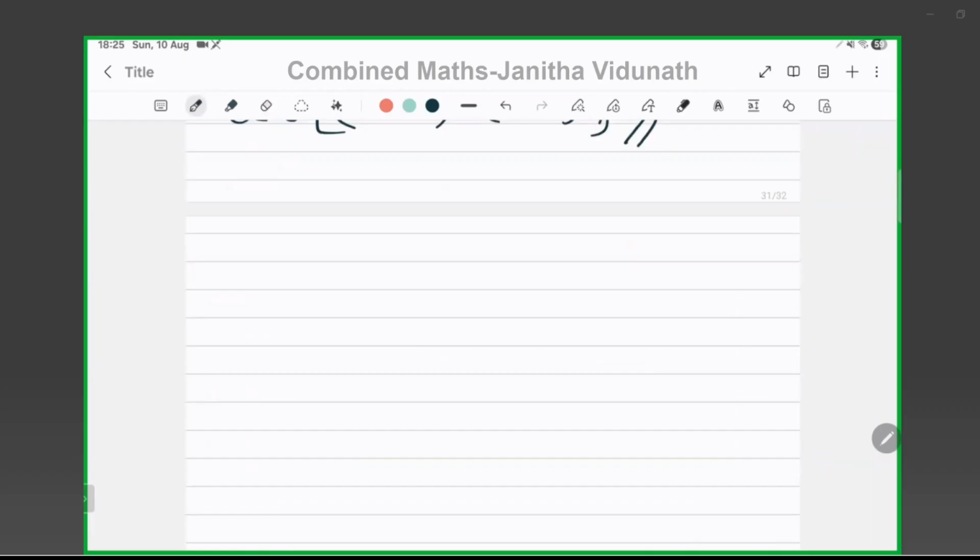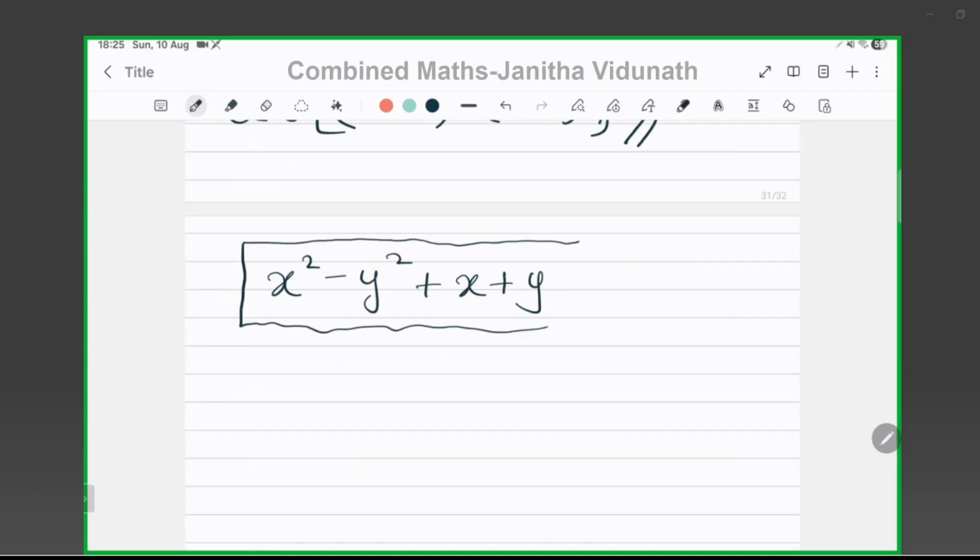Now I will do some example for you. Think x square minus y square plus x plus y. Now we need to factorize by using our knowledge about common factoring, difference of squares, factoring quadratic trinomials or any other methods.